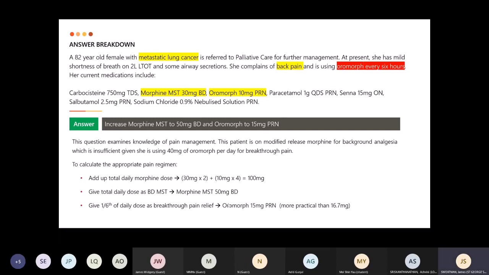The only thing that you need to bear in mind sometimes in real life is when you've got people who are having Oromorph like every 2 hours. If you calculate it, you should be putting them on MST of like 80 milligrams BD and an Oromorph of, say, 20 milligrams. If you jump really far, so if you increase their morphine by quite a lot in one go, that can be where you overdose someone by mistake.